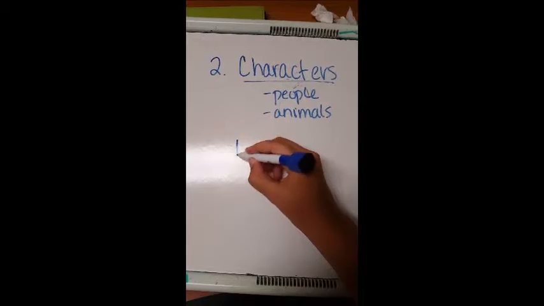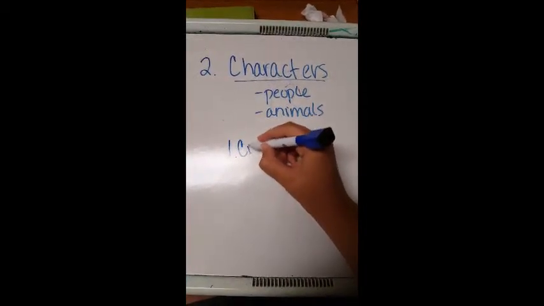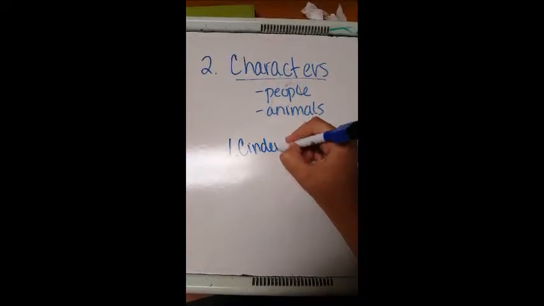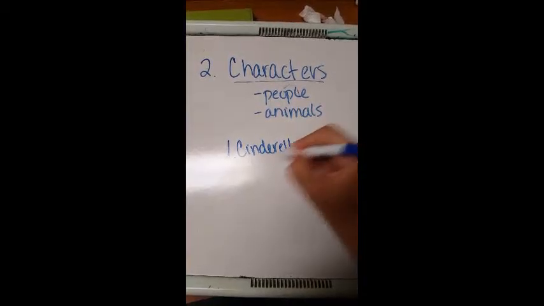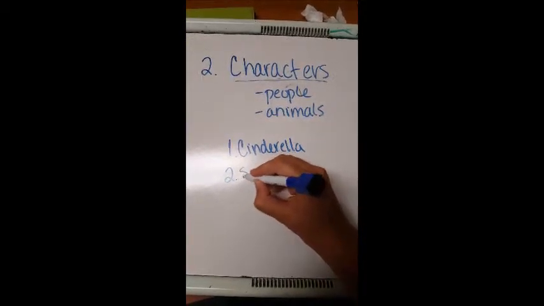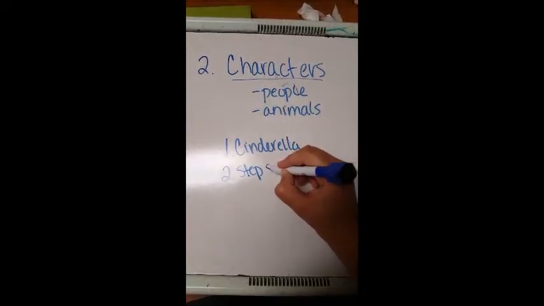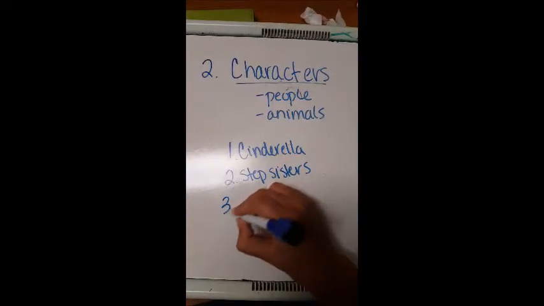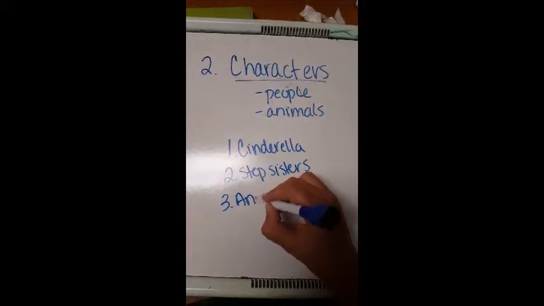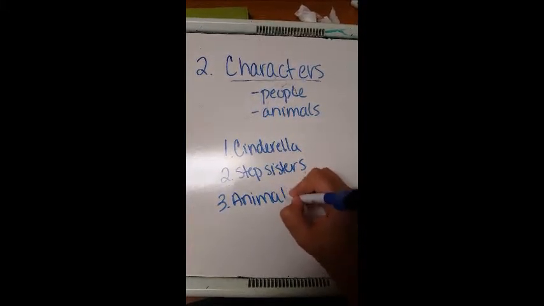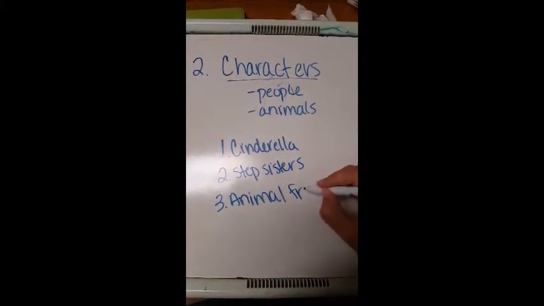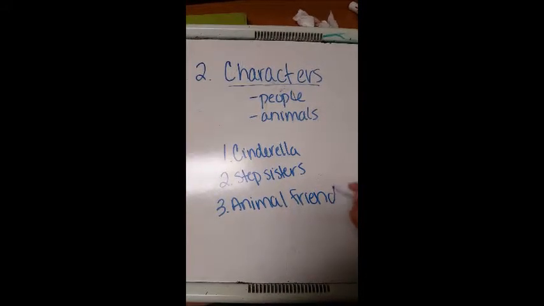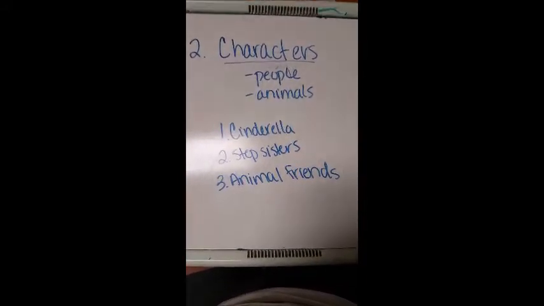So, obviously our main character is Cinderella herself. Then there's also her stepsisters. And her animal friends. Now, there's some other characters in the book, but these are the main ones that we're going to look at.